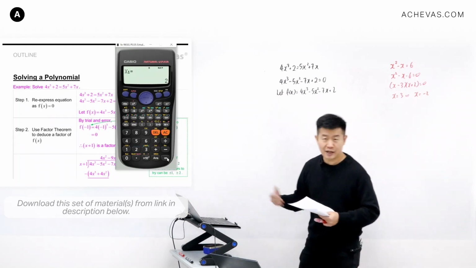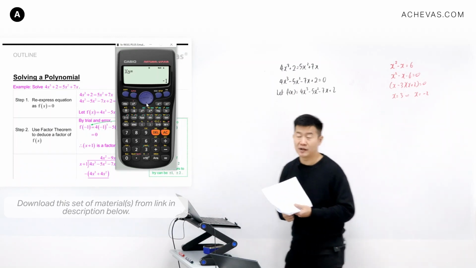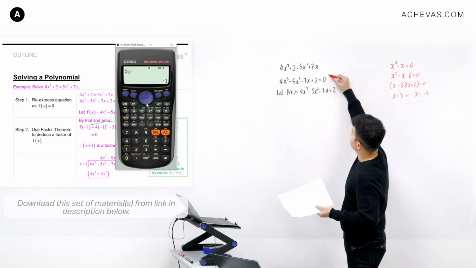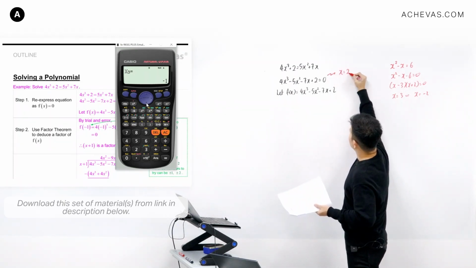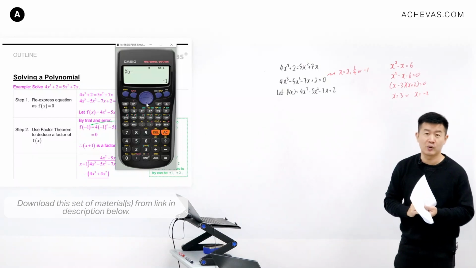If I let the calculator solve for it, I will have 2 as a root, 1/4 as a root, and minus 1 as a root. Which means that just by pressing the calculator, x is going to be equal to 2, or 1/4, or minus 1. This is from our calculator.